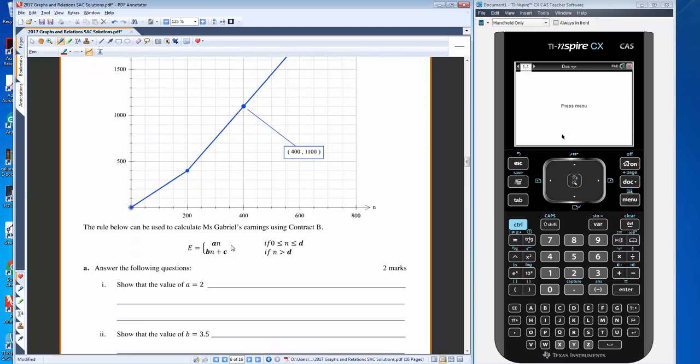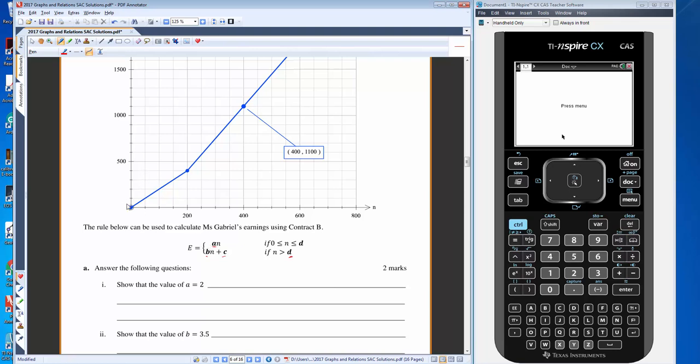Alright, the first thing you had to do was calculate these A, B, C and D values. It's a show that question, so you had to show that the value of A was 2. A lot of you just chose points and subbed them in. That's not good enough for a show that question, as that just shows that a particular point is on a line.